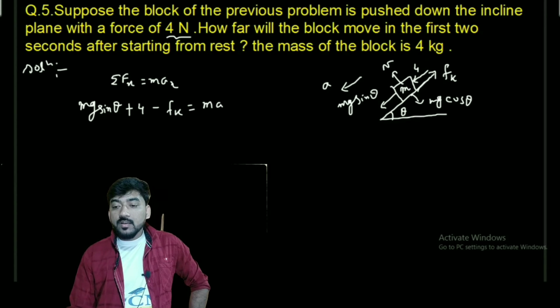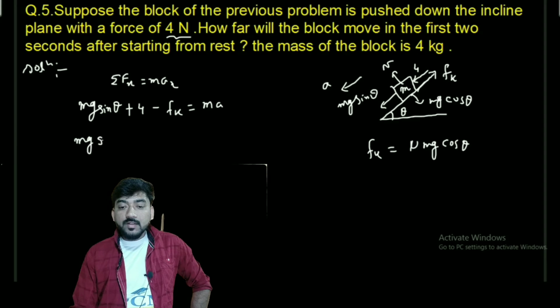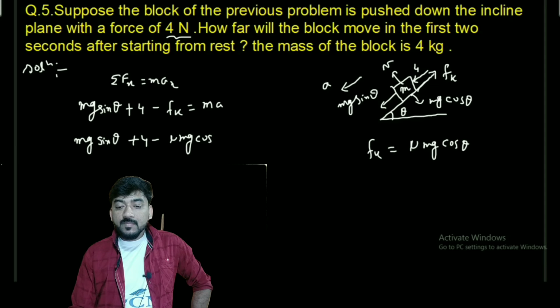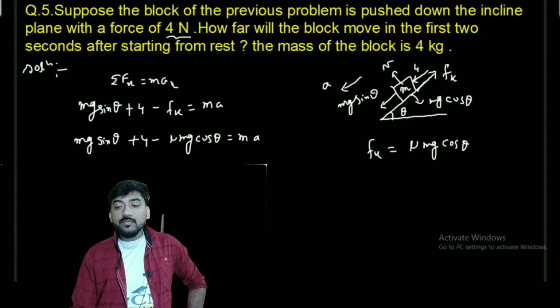And fk is equal to mu k times N, and N is mg cos theta, so fk will be mu mg cos theta. So mg sin theta plus 4 minus mu mg cos theta is equal to ma. If you make the calculation, you will get a from here.